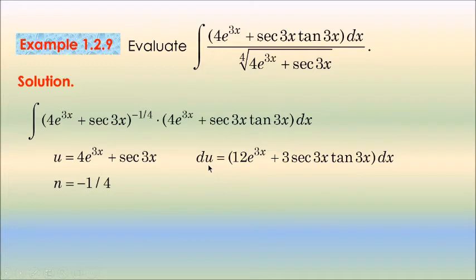So the differential of u is (12e to the 3x plus 3 secant 3x tangent 3x) dx. Factoring out 3, we get 3 times (4e to the 3x plus secant 3x tangent 3x) dx.